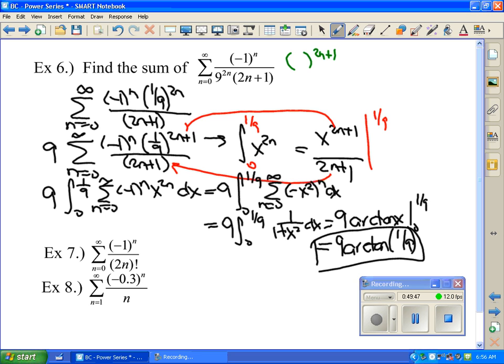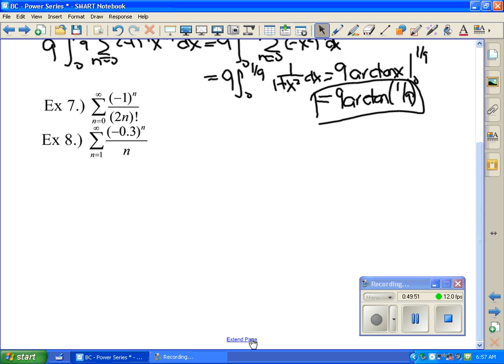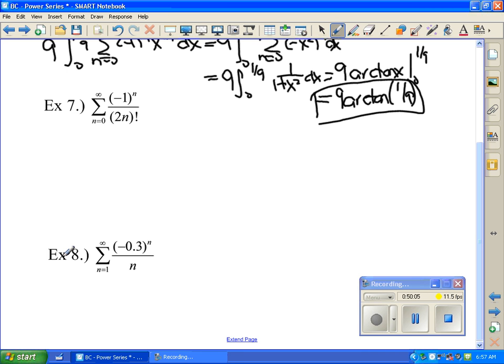Now, that's not the only way that you have to do summations. Remember, there were the 4 series that I recommended you memorize: e to the x, cosine, sine, and natural log of x. And if you can morph the series into looking like one of those, then sometimes you can figure out what these sums are as well. Like here I have a 2n factorial, which is part of the cosine x Maclaurin series.